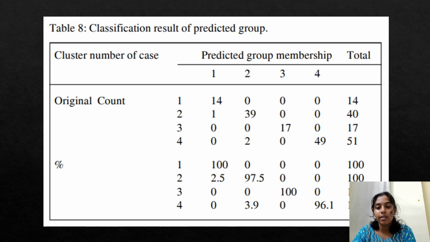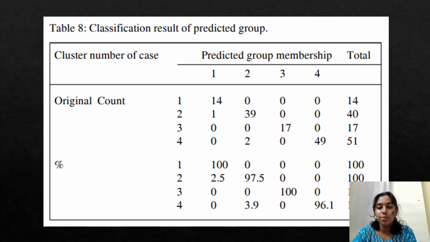In the third group, 100%, that is 70 accessions, are classified into the third cluster, and in the fourth, 49 accessions are classified into the fourth one, and two are misplaced into the second group.